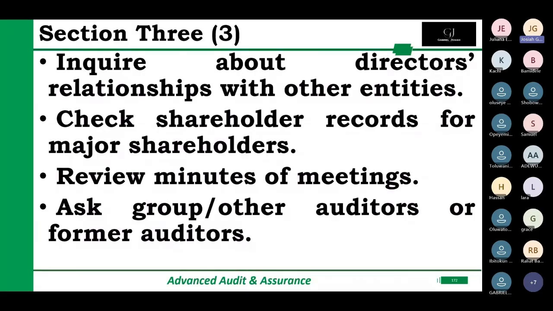He also needs to check the shareholders' records for major shareholders of the company and link names to most of these transactions. Then he needs to review minutes of meetings for the board and committees. He also needs to ask the group auditor, the component auditors, or the former auditors on issues of related parties.